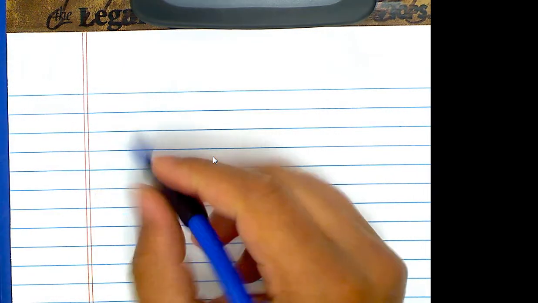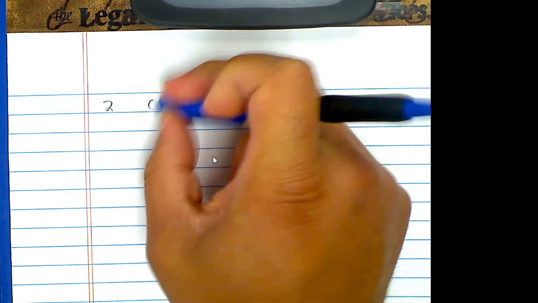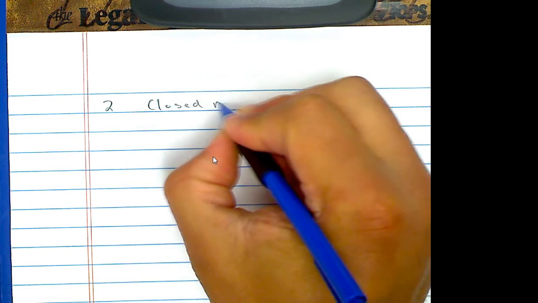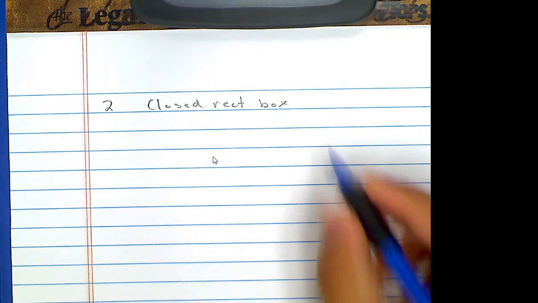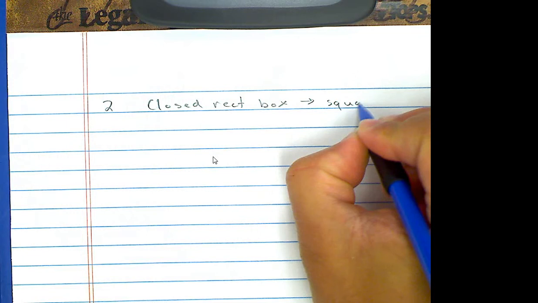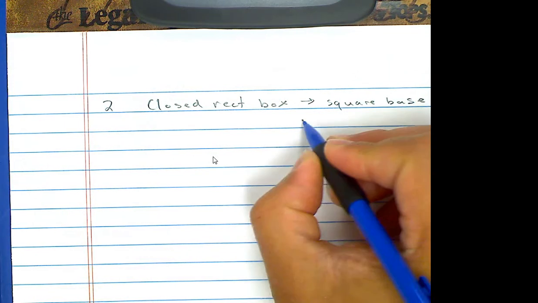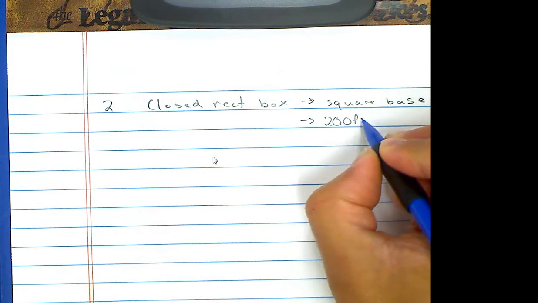We have a closed rectangular box, with a square base, and just listing details here, square base. Let's say we're using 200 feet squared of material.